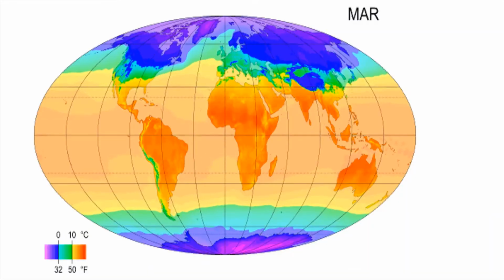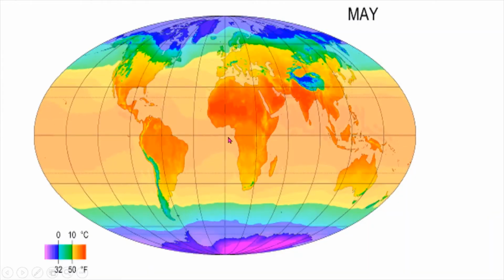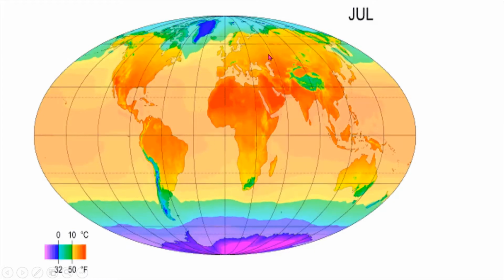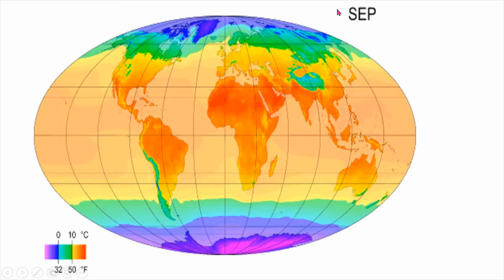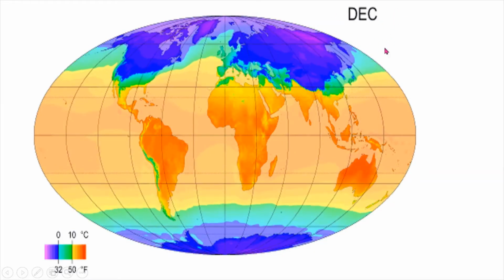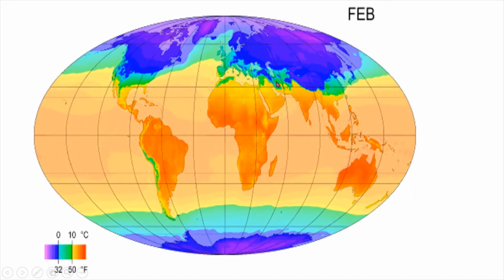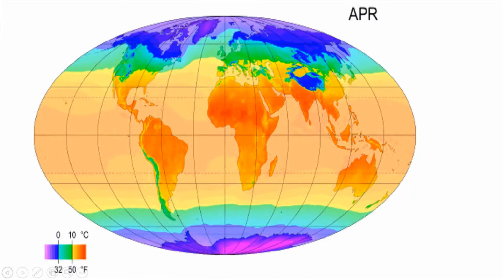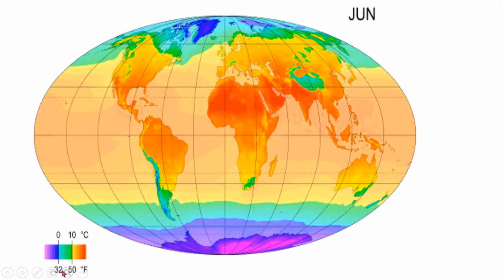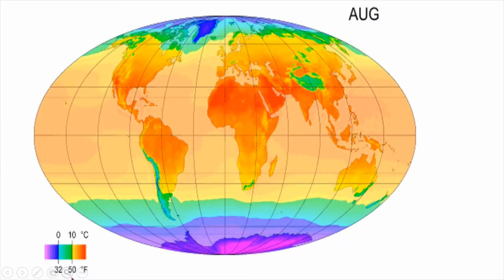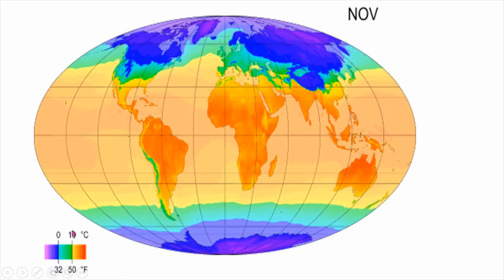This is a globe where the variation of temperature takes place with the change in the months of a year. At the bottom it is given in Fahrenheit, and at the top in Celsius.